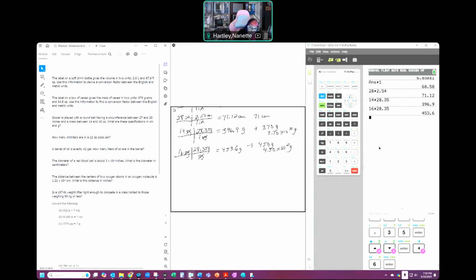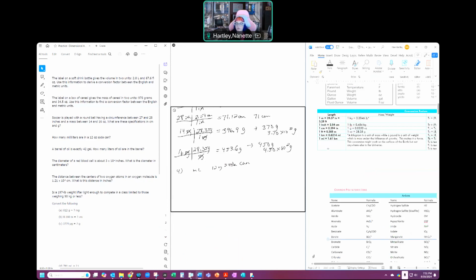All right. How many milliliters are in a 12-ounce soda can? And of course, you can cheat. If you have a soda can available, you can look at that. I, on the other hand, am going to take a look at my exam handouts and see if there's anything on here.